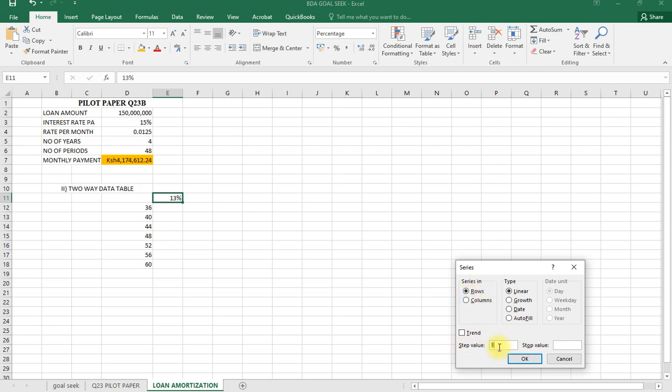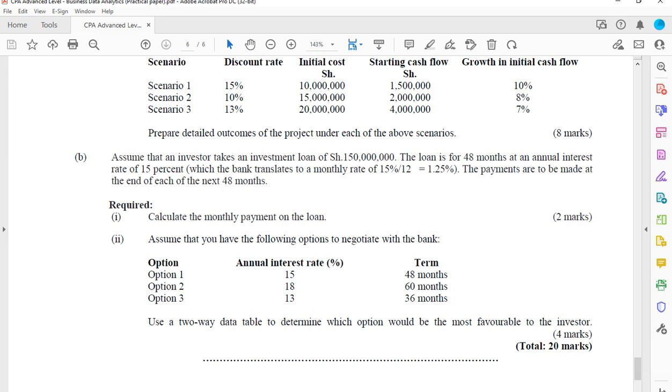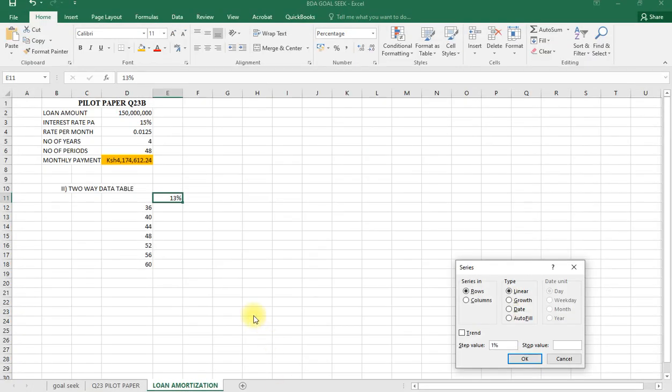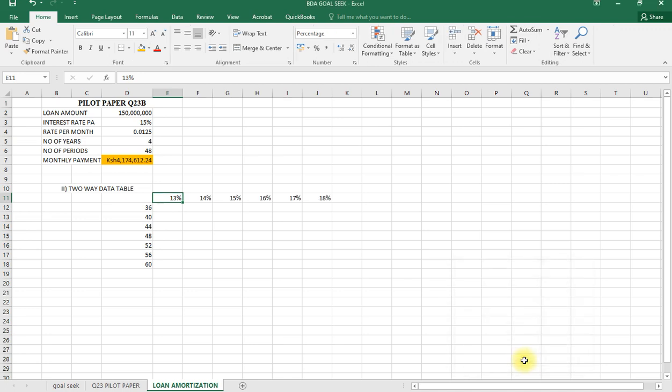Now the step value, we need 1%, up to a maximum of 18%, and I put OK. So that is a row, 13 up to 18.